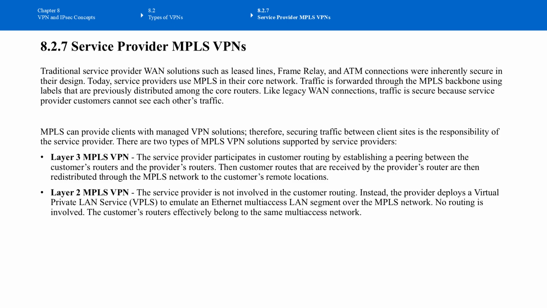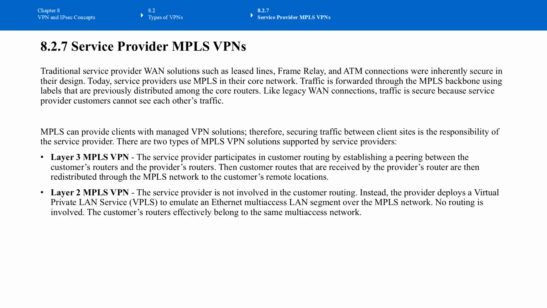Traditional service provider WAN solutions such as leased line, Frame Relay, and ATM connections were inherently secure in their design. Today, service providers use MPLS in their core network. Traffic is forwarded through the MPLS backbone using labels that are previously distributed among the core routers.